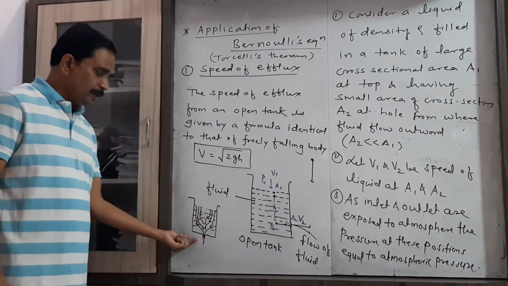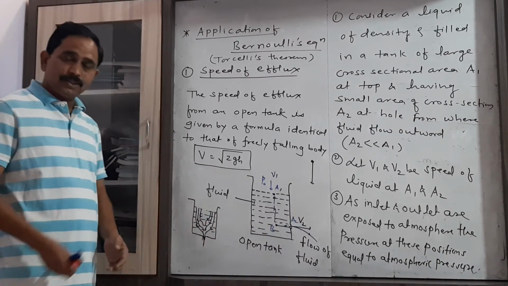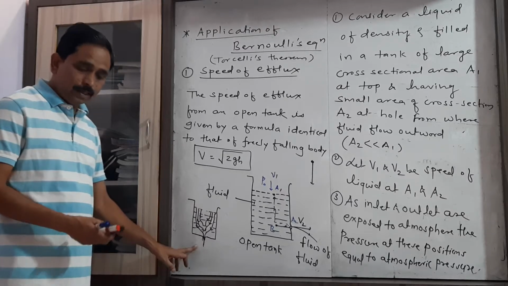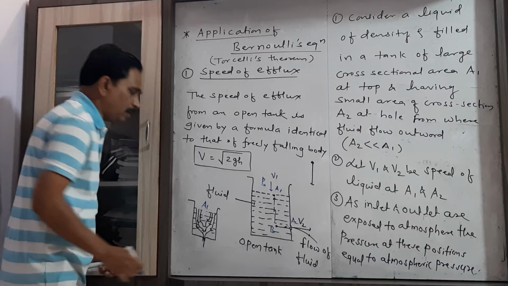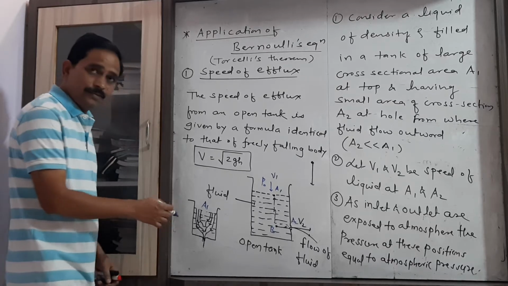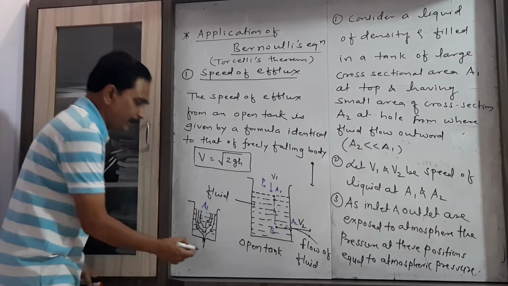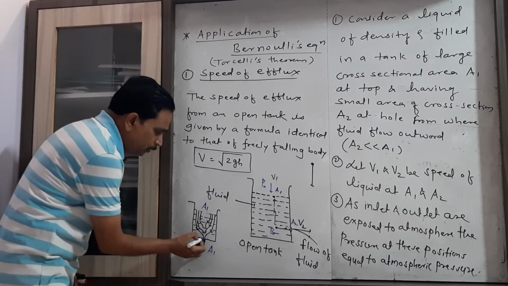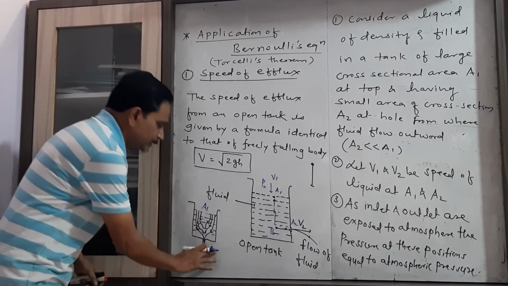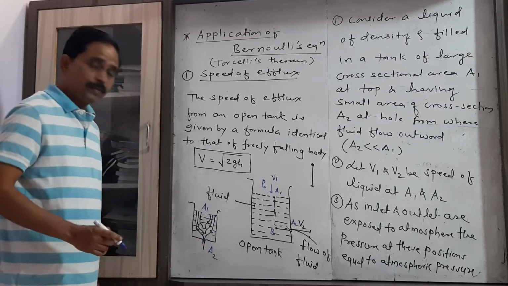Now in the textbook, the open tank is considered, and a small hole is given at the bottom. The area of cross section of the upper end, which is greater, is considered as A1. The area of the small hole at the bottom is considered as A2.